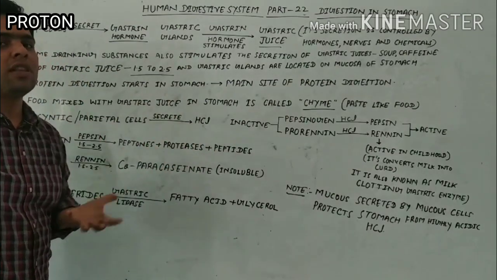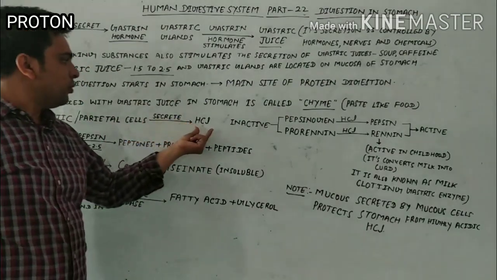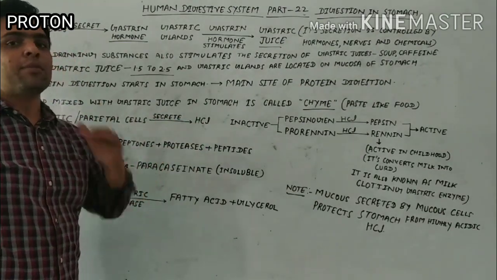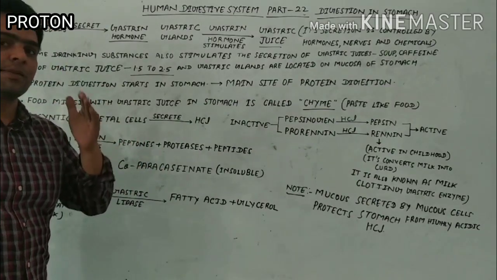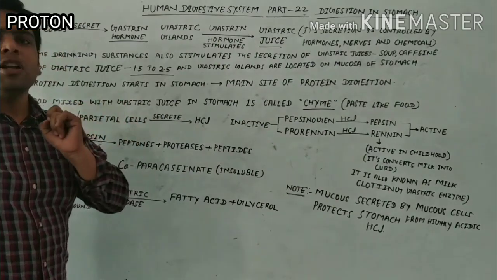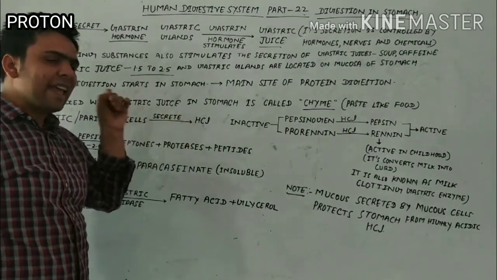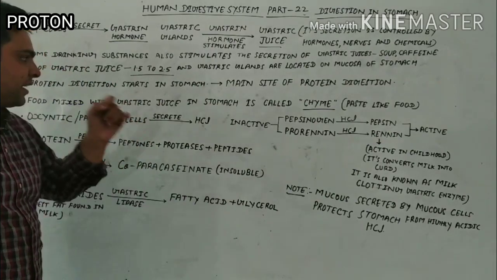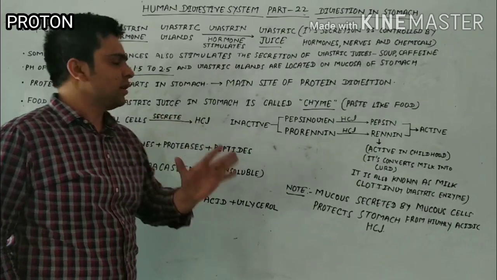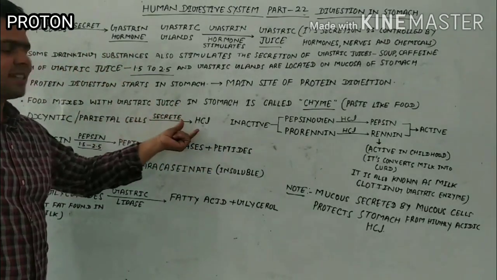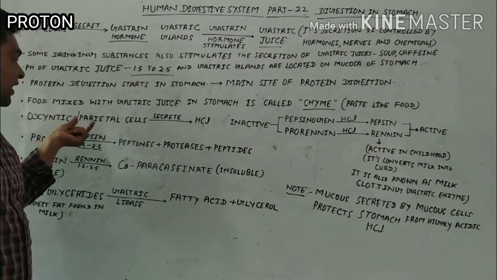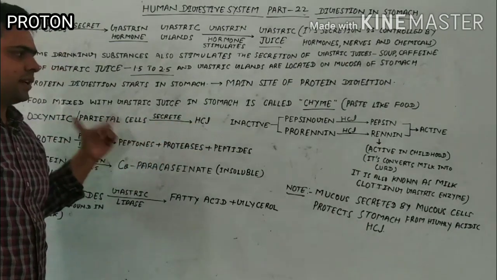If we talk about the pH of HCl, we know very well that it is a highly acidic, most acidic substance, and the pH of HCl is 1.5 to 2.5. The approximate pH is about 2. Clear students? So this is the most highly acidic substance found in our stomach, and it is secreted by oxyntic cells or parietal cells.